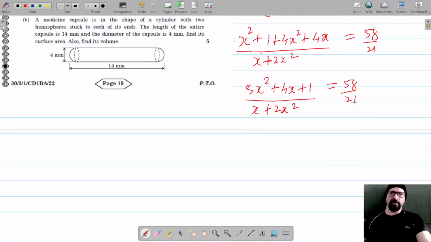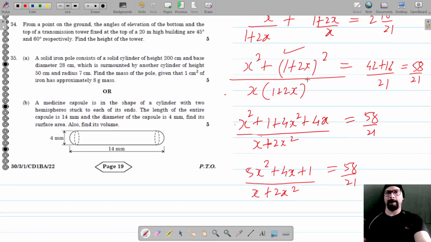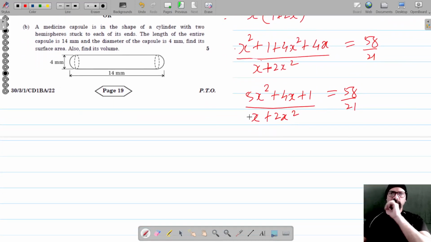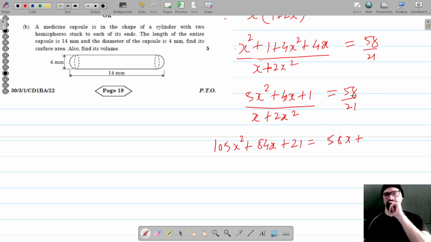So if I cross multiply this, 21 into 5 is 105x squared plus 21 into 4 is 84x plus 21 is equal to 58x plus 58 into 2x squared, which is 116x squared.